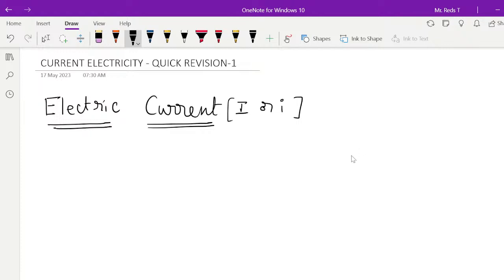More specifically, if you have a conductor like this, with a cross-sectional area, having length L and area A, and usually under room temperature and thermal conditions, no current will be observed.